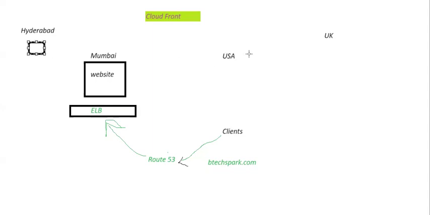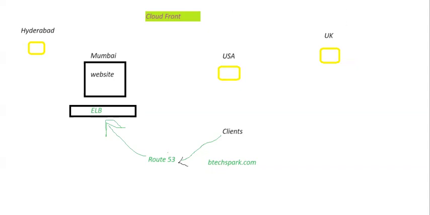Here an edge location will be created, and in the USA also an edge location is created, and in the UK also an edge location is created. In whichever regions you want, this CloudFront will create edge locations.